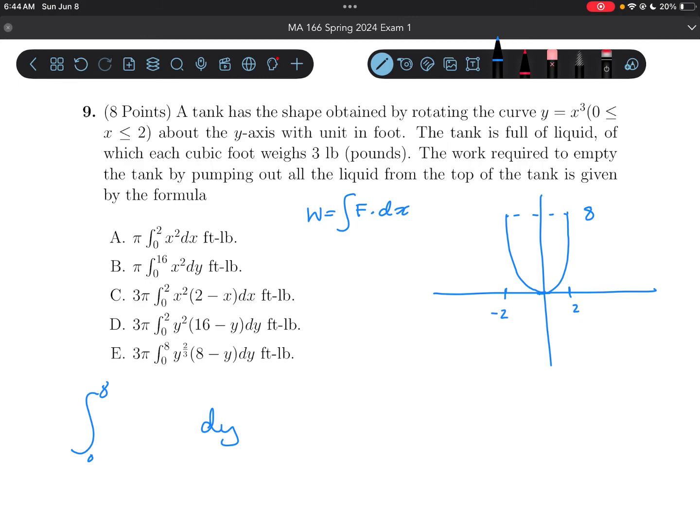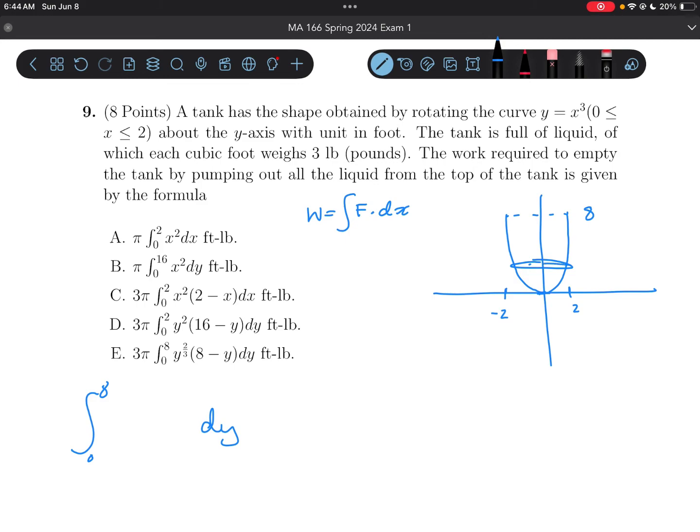And the quantities we need are the weight, because force is equal, not to mass, but to weight, and they give us the weight in pounds. So we would take the weight of each piece of water, and times the distance it needs to travel. So let's calculate that now.